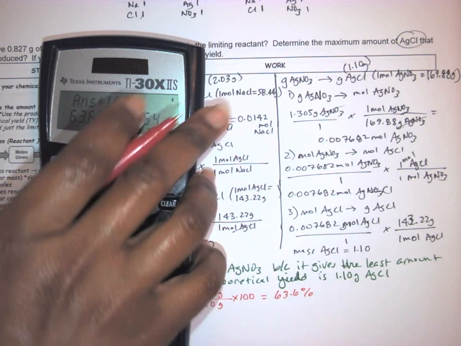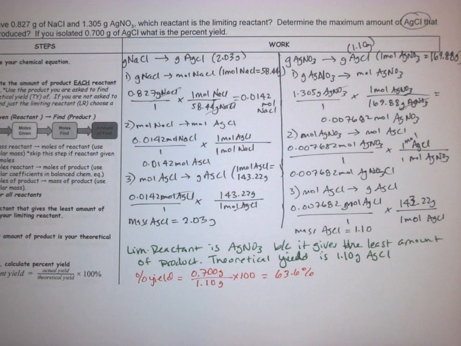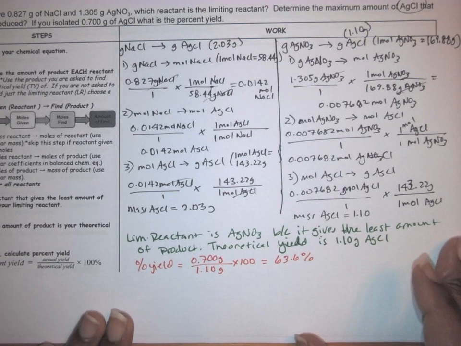That gives 63.6%. Not the greatest yield, but hey, there you go. All right, so that's it for the step-by-step method. The next part of this video will show you the one-line method for solving.